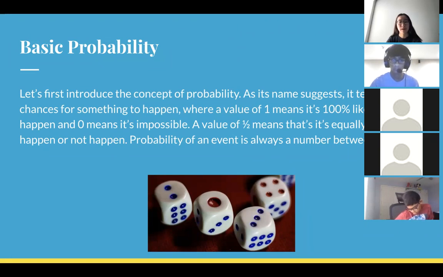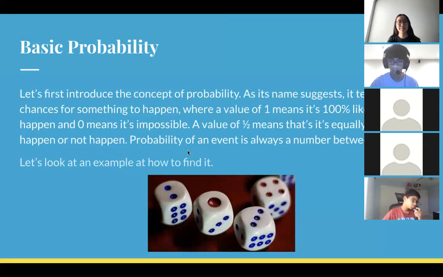So a value of 1 means something is 100% going to happen. And a value of 0 for the probability means that something is impossible. It's never going to happen. And a value of 1/2, like flipping a coin, means it's equally likely to happen or not happen. So probability is always going to be a number between 1 and 0 inclusive. So it can be 1 or 0.